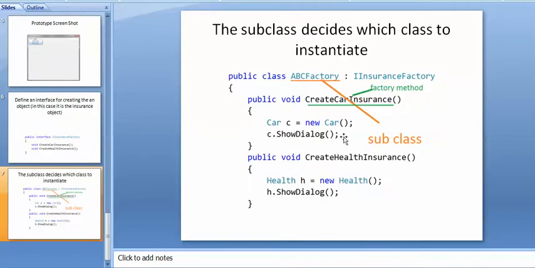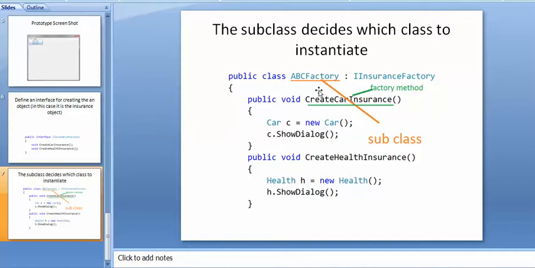Let us say we have two insurance companies, ABC and ICICI. The specific subclass ABC factory is the one that decides, if that is selected, which particular car insurance and which particular health insurance objects are created.